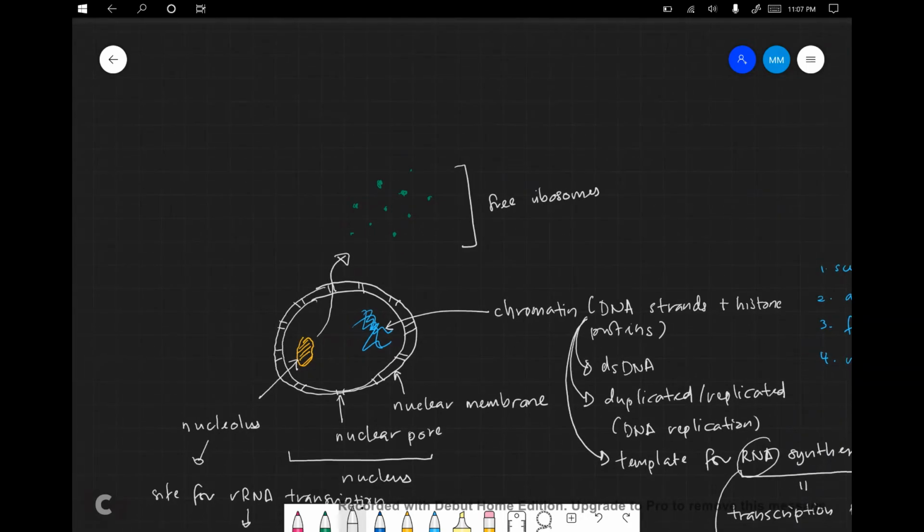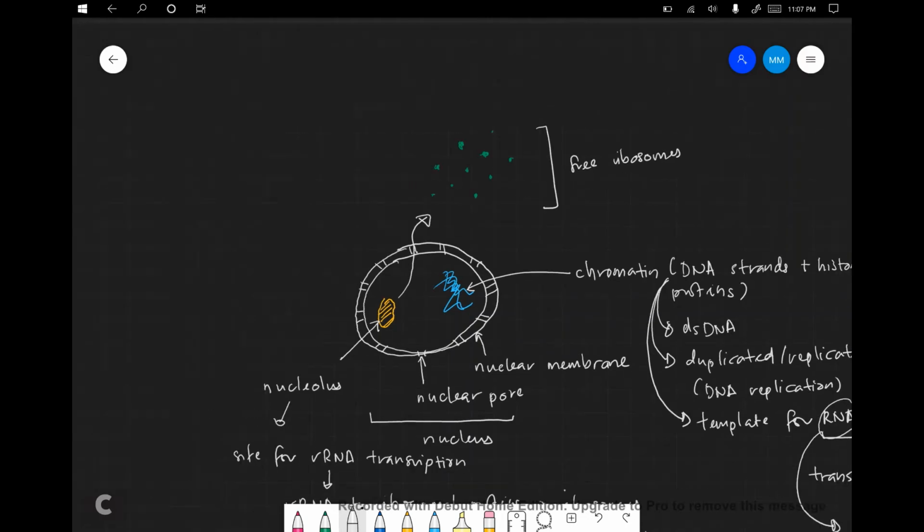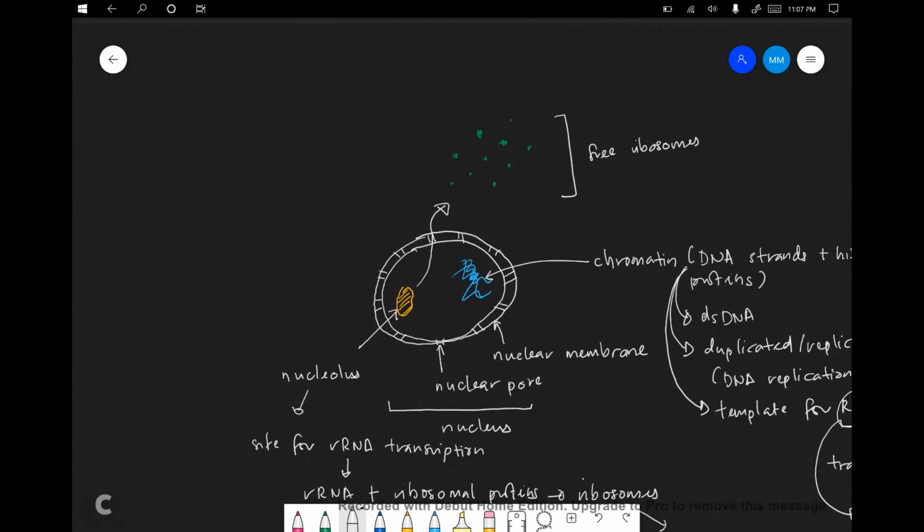Right, so once we are out of the nucleus, there are two prominent organelles that we are able to see. What are they? The first one is what we call endoplasmic reticulum. That's not the only endoplasmic reticulum class.